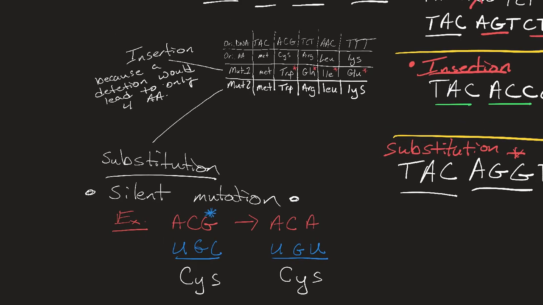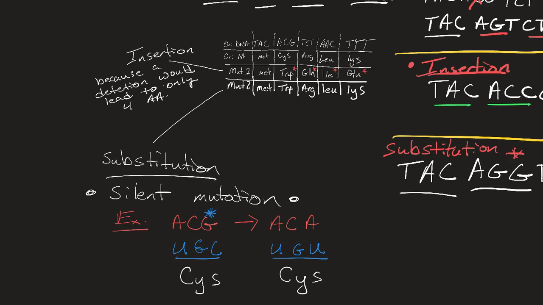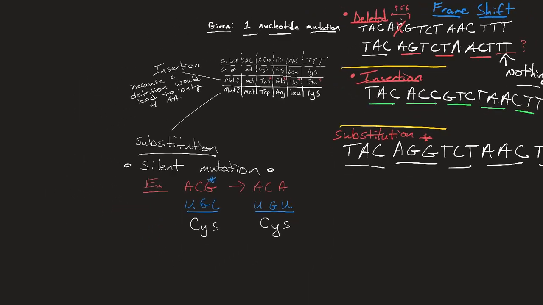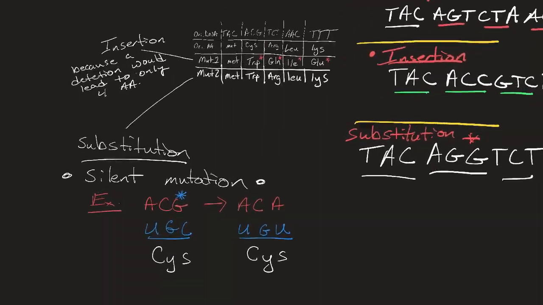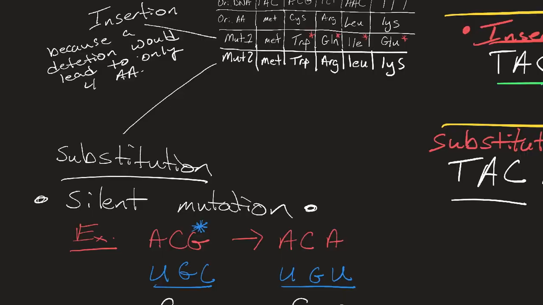They don't always cause you a change. You don't want to grow 6 arms because you accidentally copied the DNA wrong. So it's a good protection that every 1/3 of your DNA can change and not change the amino acid. So it protects us against random negative mutations. So that's called a silent mutation.